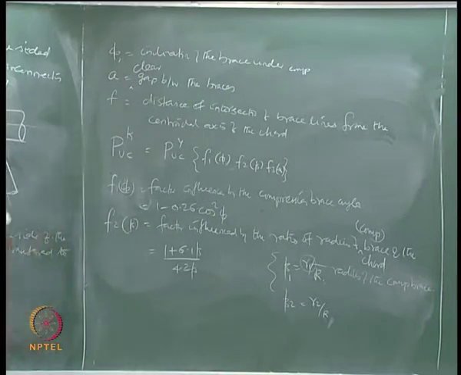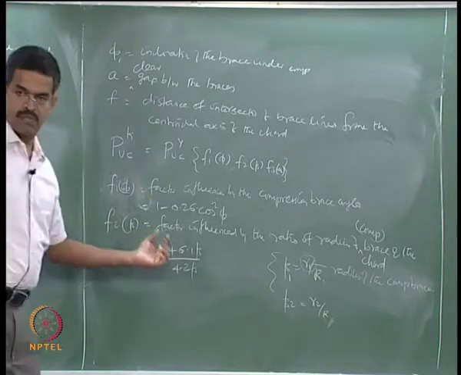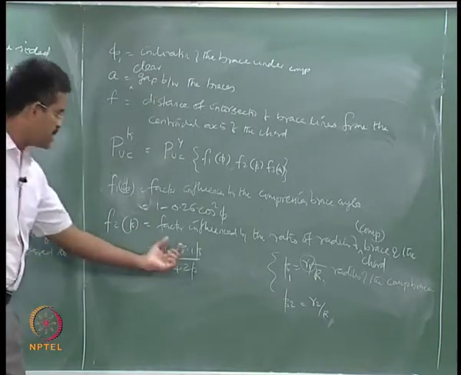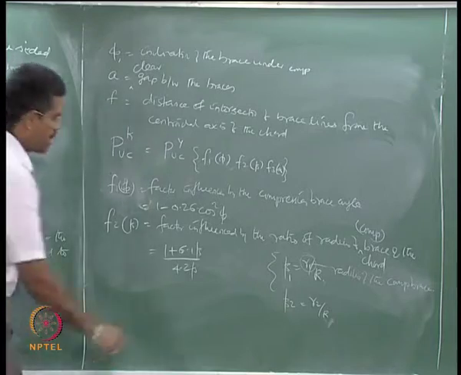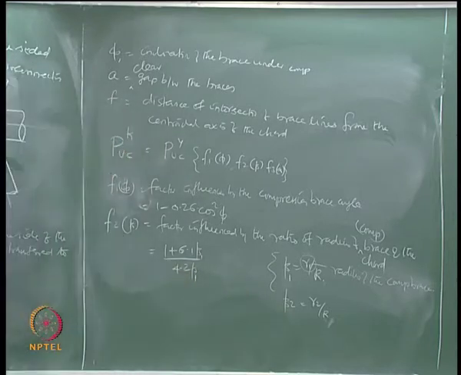So I must write here r1. Okay. So I focus only on the compression brace. Now I can clearly write this as beta 1 for our clarity.